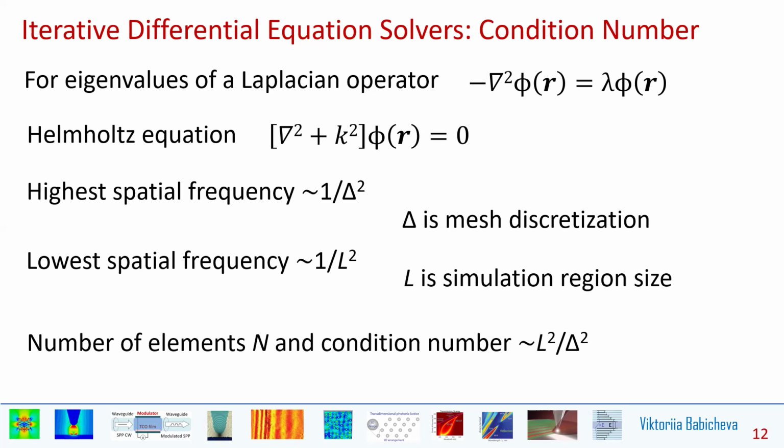To sum up, we take the characteristic size of the computational region and divide it by the mesh size, and to estimate the matrix condition number, we can simply take the power 2 of this ratio of the domain size over the mesh step.